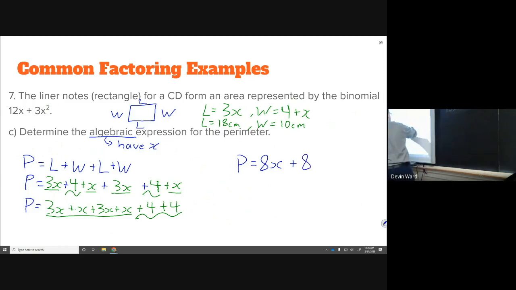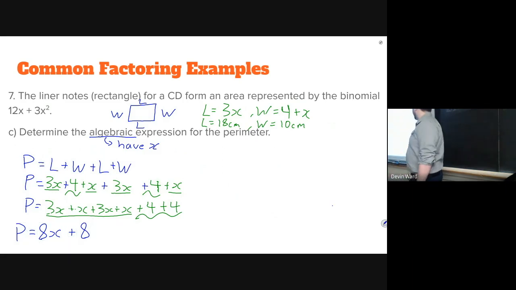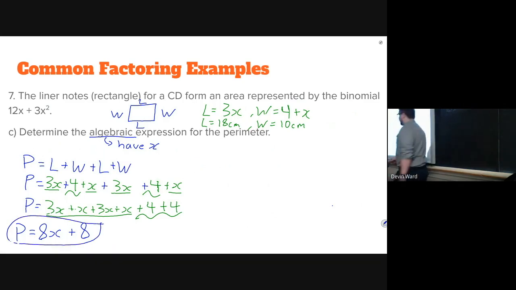So we'll have 8x plus 8. I'm just going to circle it to show that it's my final answer. So 8x plus 8 would be our algebraic expression for the perimeter.